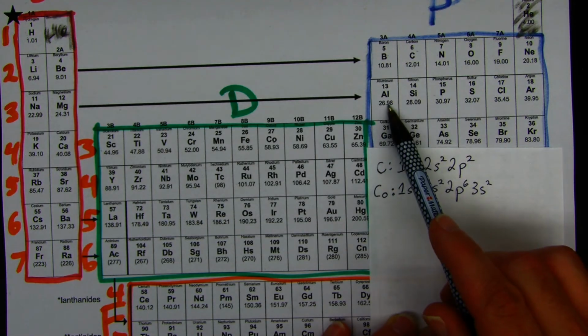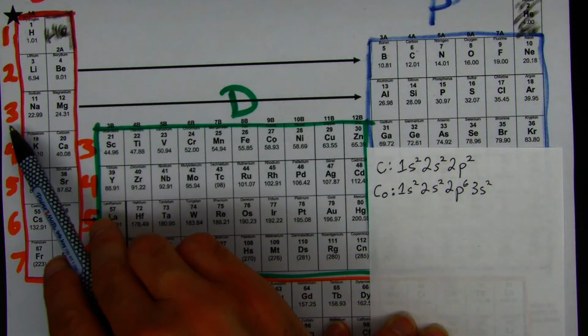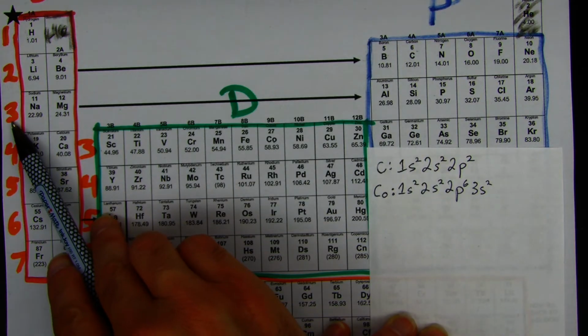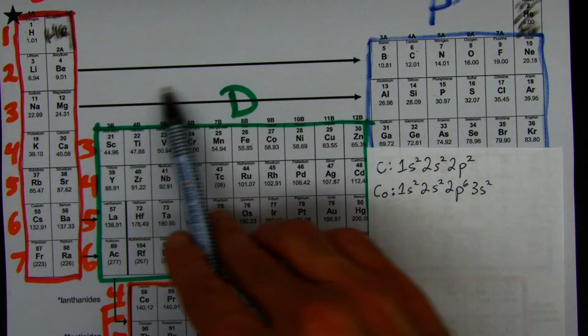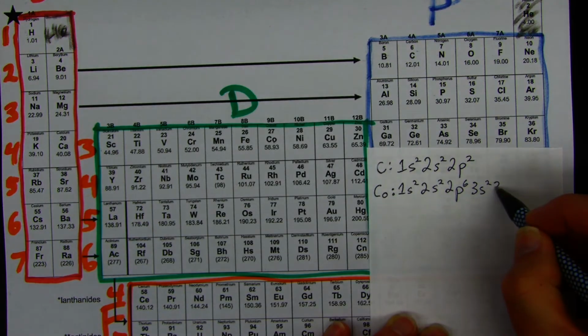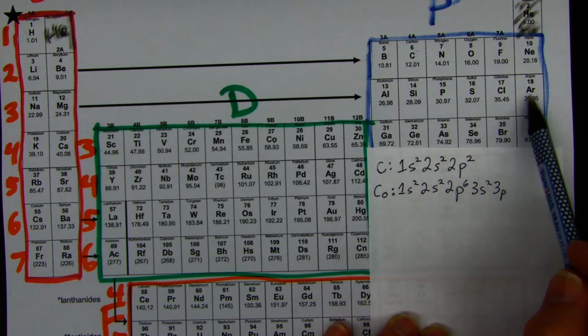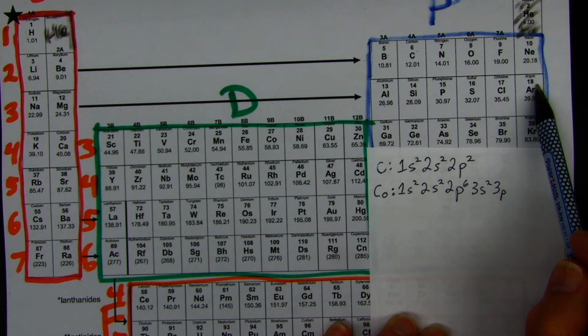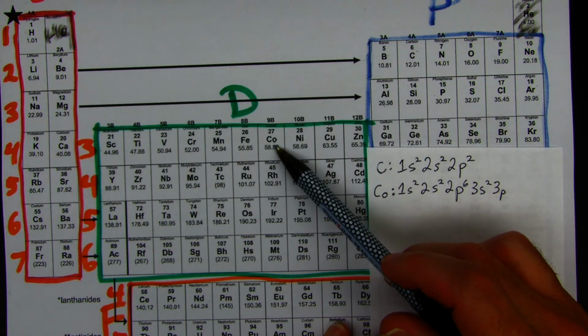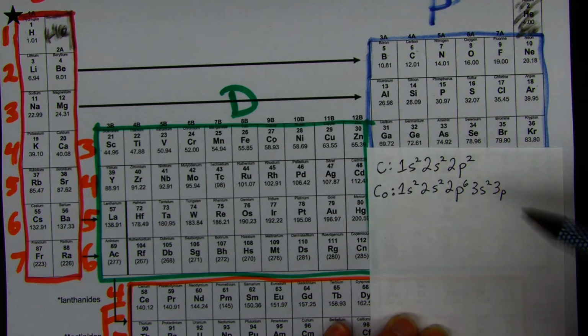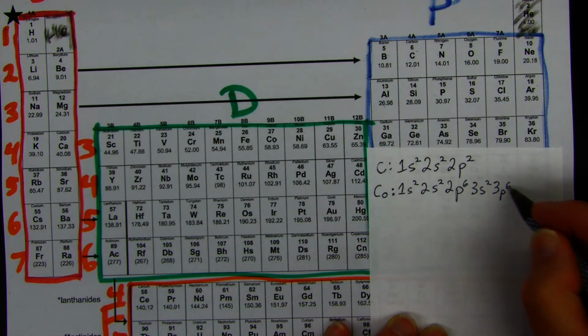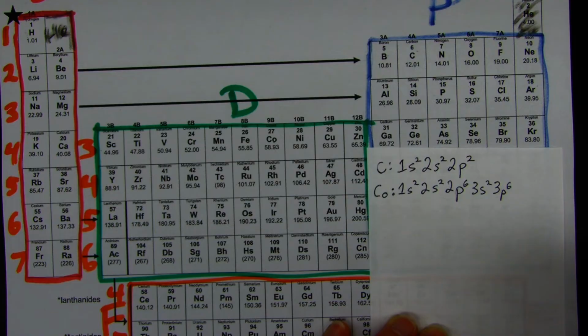So now I'm in the p block again. I'm still in the third row, third energy level, third period. So that's going to be 3p. I got to go through 1, 2, 3, 4, 5, 6 to get to 18. Again, my goal is cobalt as 27, so I got to go through these. So that's 6 elements, 6 electrons in that sublevel.